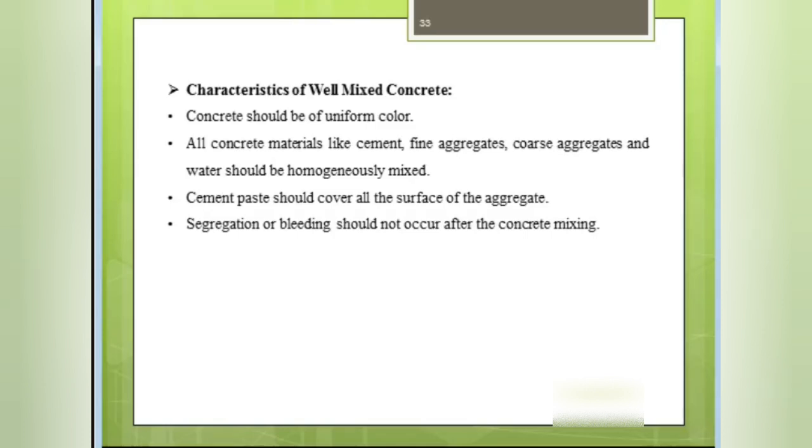Okay, we know what segregation and bleeding are. So we should take care to observe this at the time of mixing of concrete. If you observe segregation or bleeding at the time of mixing, you can remix that concrete and stop the current concreting work. Otherwise it is very harmful to our structural property.